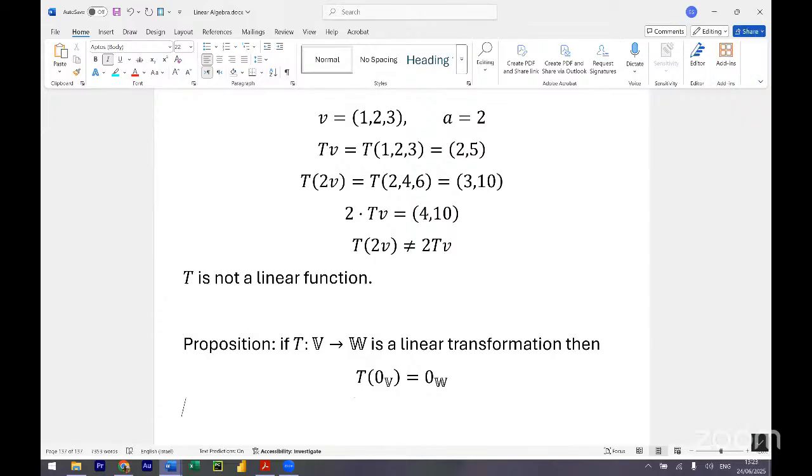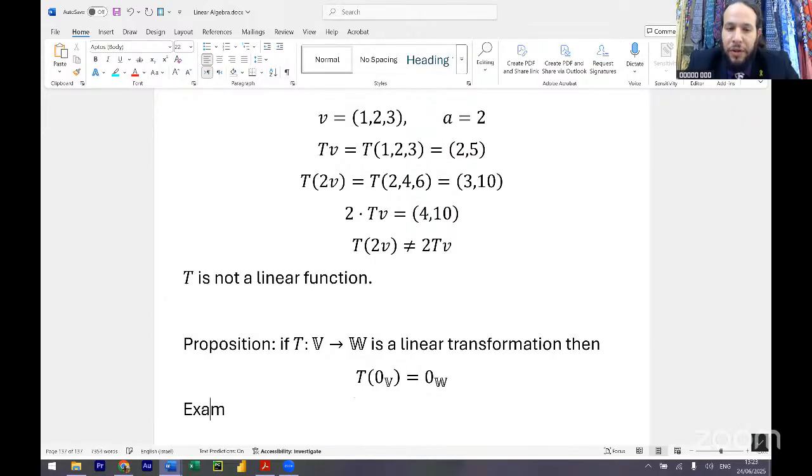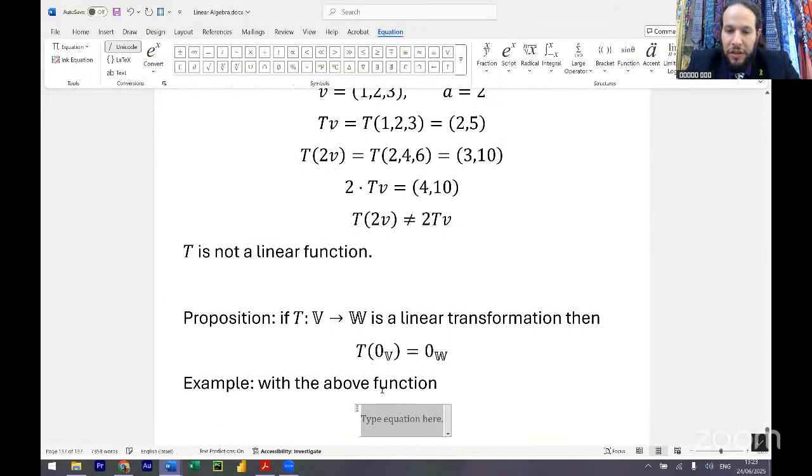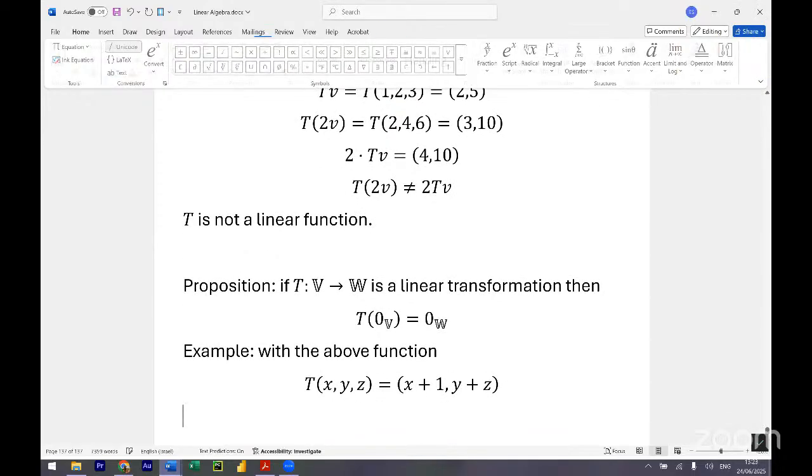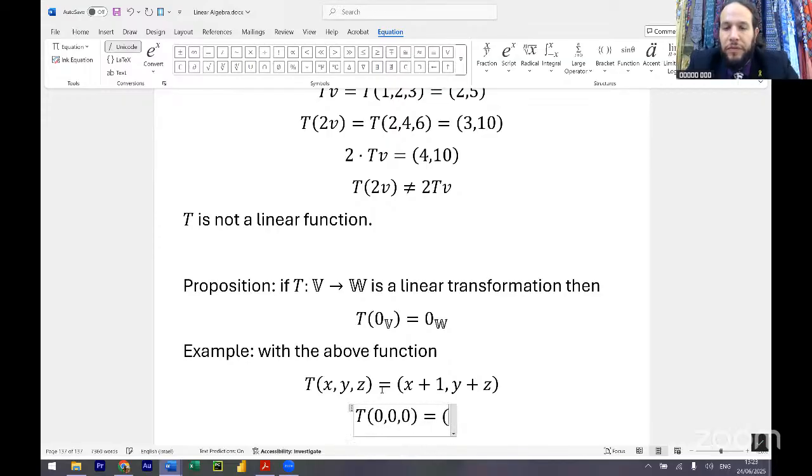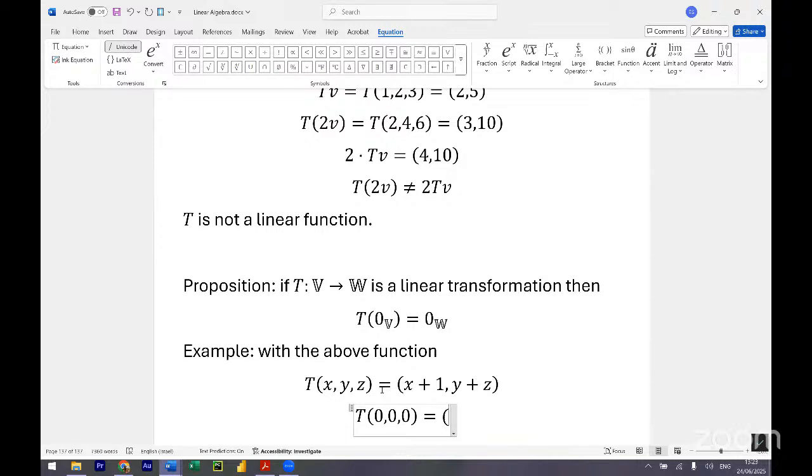And before I do a proof, I'll give you an example. With the above function, T of x, y, z equals x plus 1, y plus z, what is T of the zero vector? It's 0, 0, right?